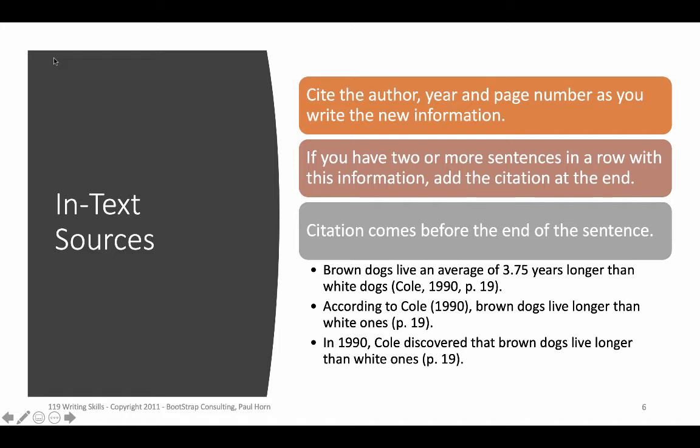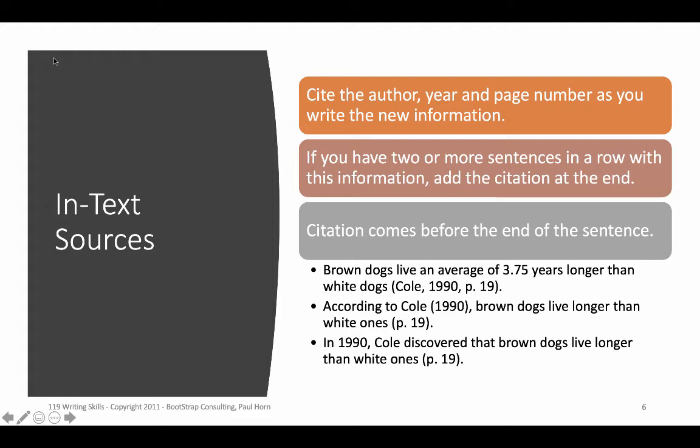So in this sentence, brown dogs live an average of 3.7 years longer than white dogs, which by the way is a completely fabricated fact. We have fictitiously taken it from a book with an author named Cole. The year it was published was 1990, and I got this from page 19. So you'll notice that I do not have any other information about this source here.